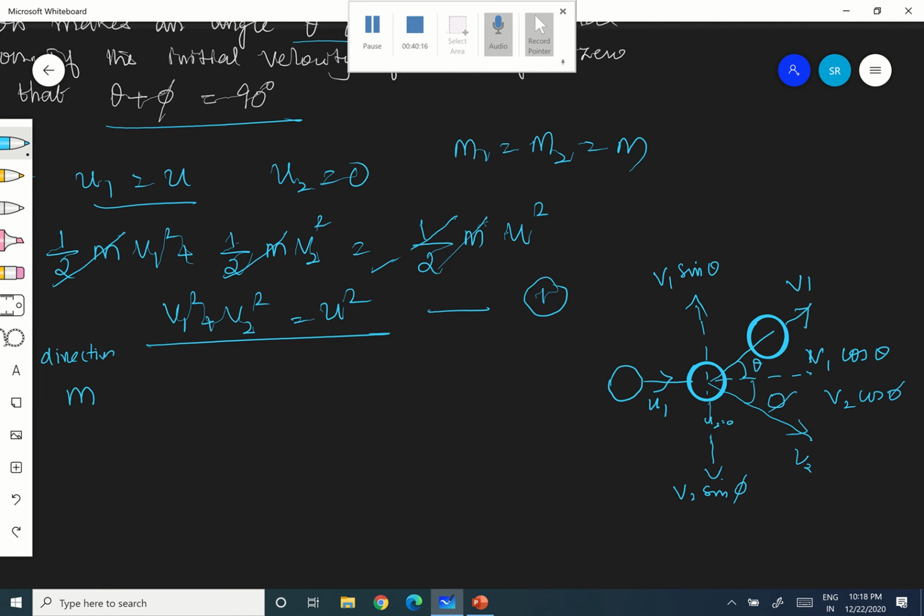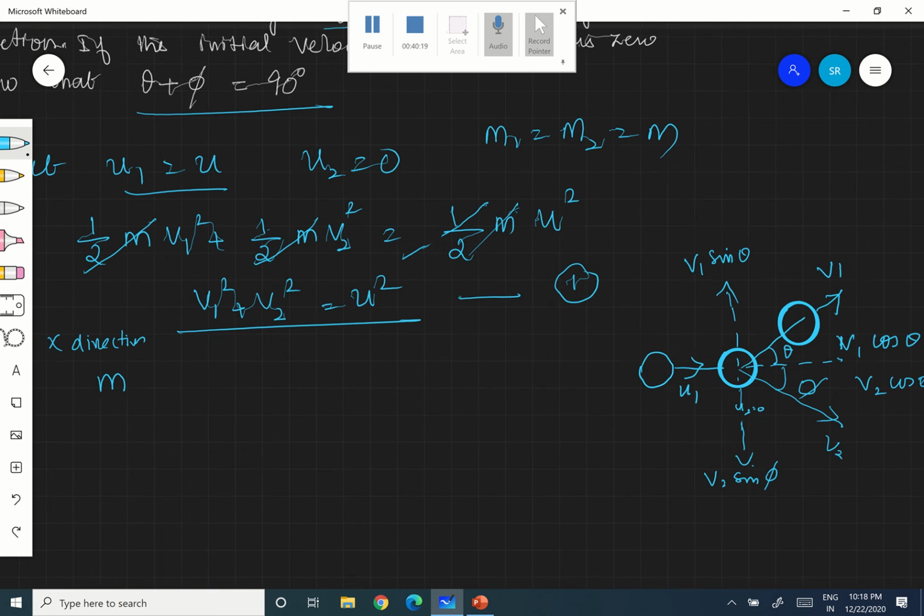Now tell me, if you put the momentum principle along the x direction, after collision it is m v1 cos theta plus m v2 cos phi, and that is equal to the initial momentum, where u1 is equal to u and u2 is equal to 0, since the second body is at rest.